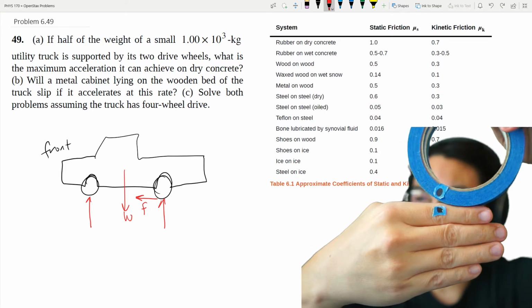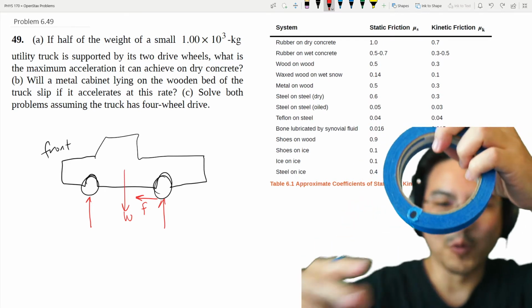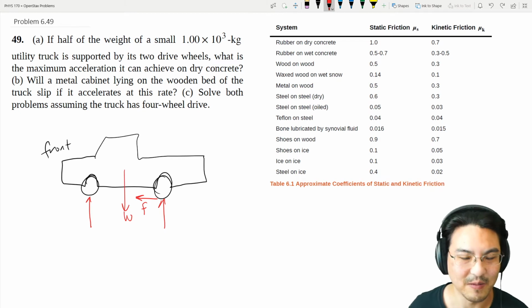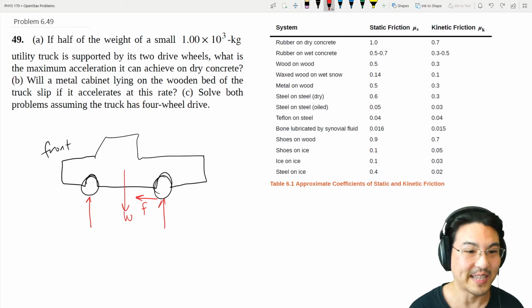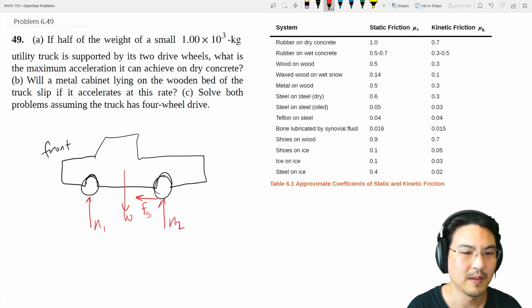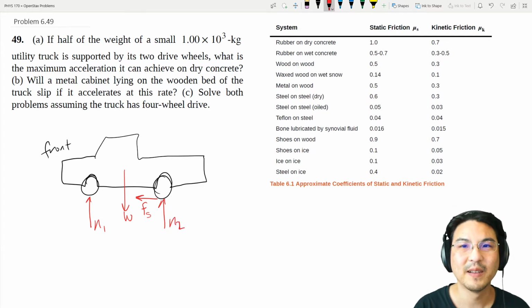So let's assume that the tire is rolling without slipping, which makes it static friction. So this is actually static friction here. And okay, so there's the normal force. So there's our free body diagram.